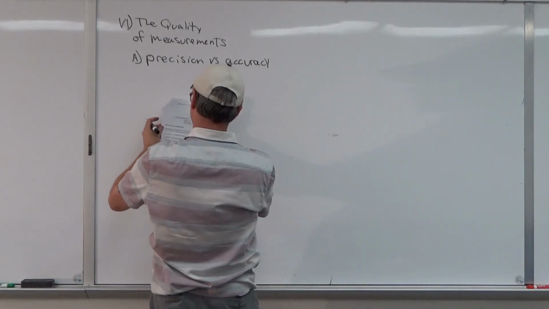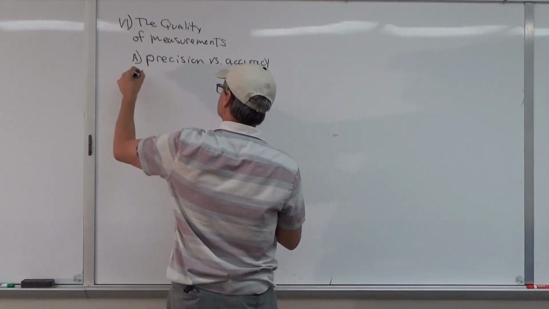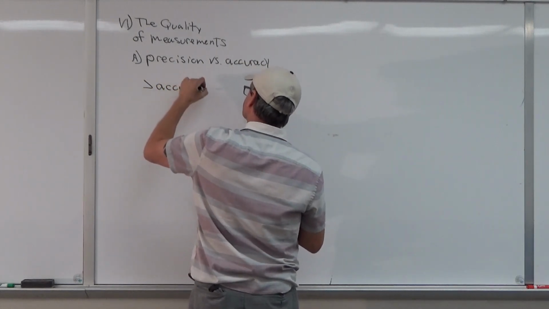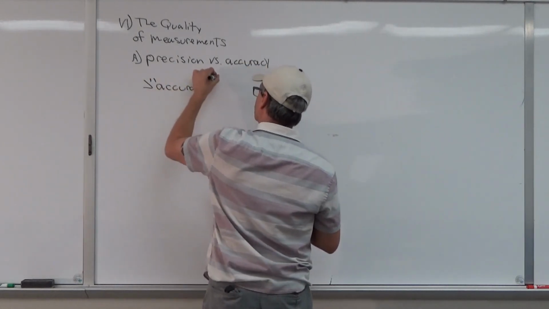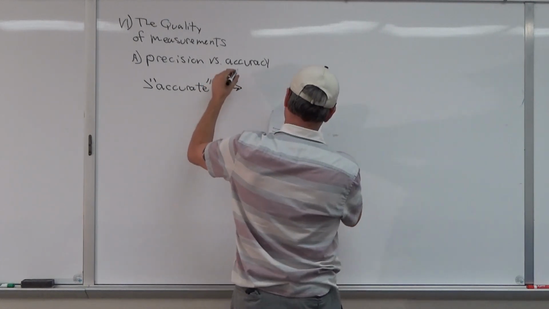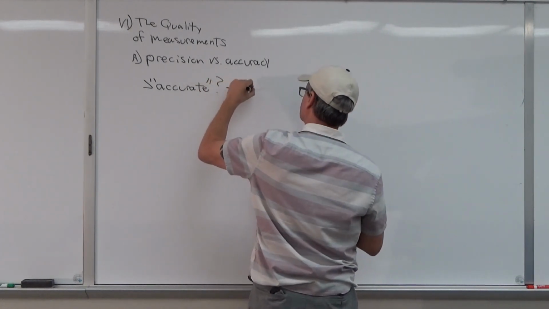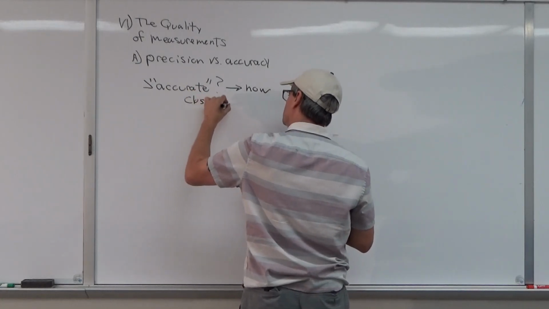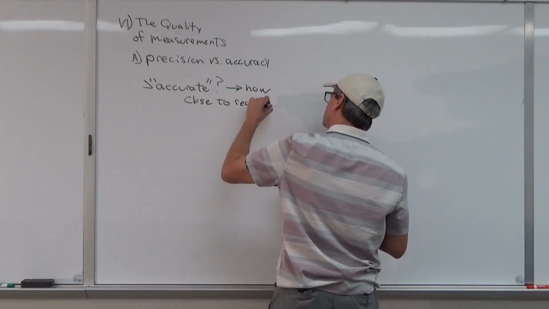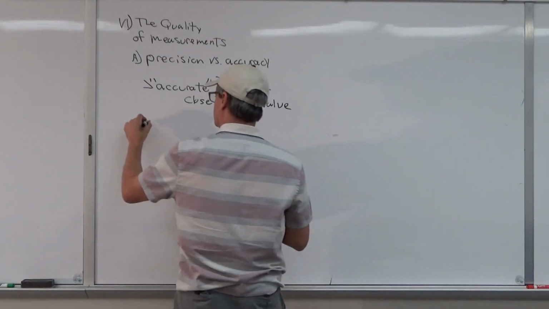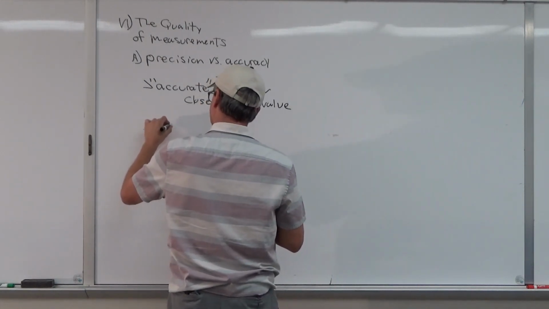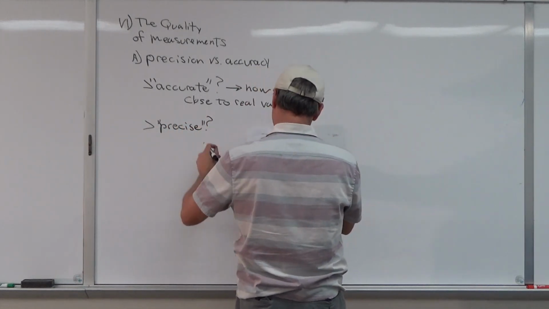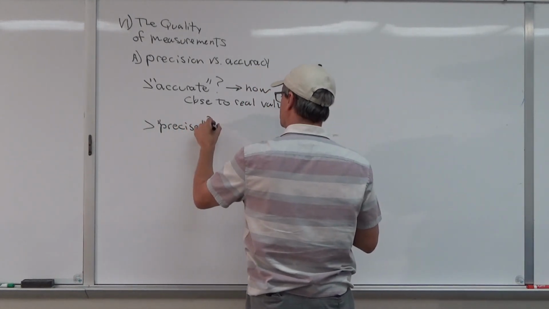Accurate: how close are you to the real value? Precise: how reproducible your measurements are.